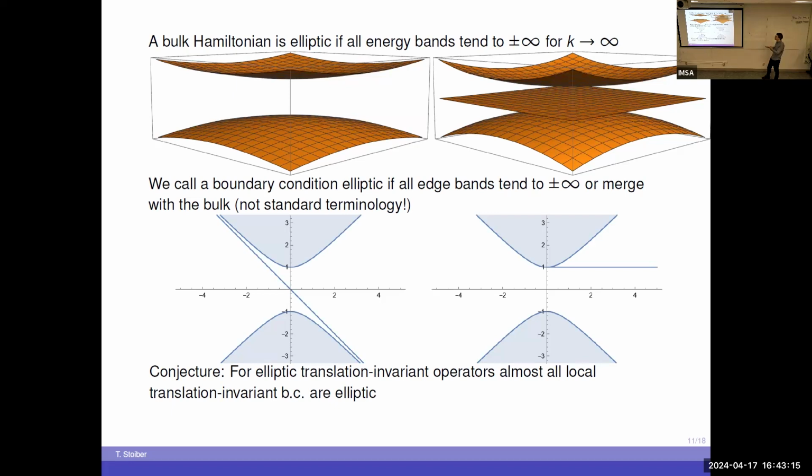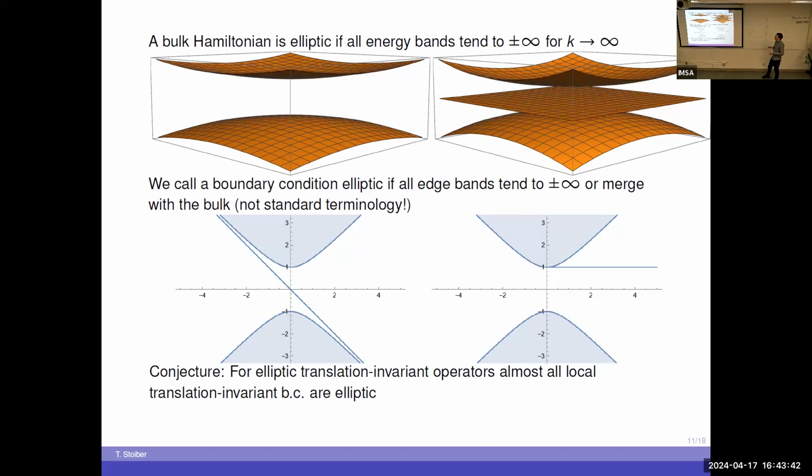So something like this is okay, where the edge mode branch, I mean, it doesn't really merge with the bulk band, but it asymptotically meets it anyhow. So something like this is okay. If you have something like an edge band which has a horizontal asymptote or something like that, that is not elliptic. So something like this causes problems in our topological analysis.